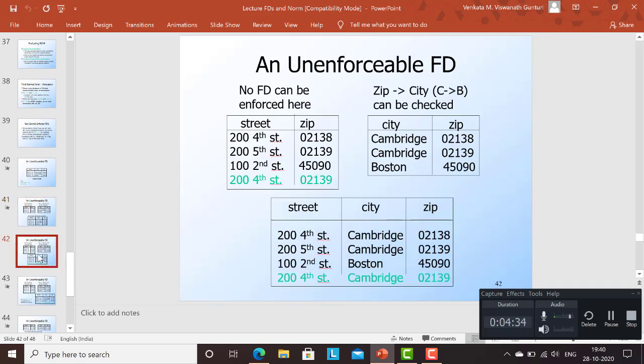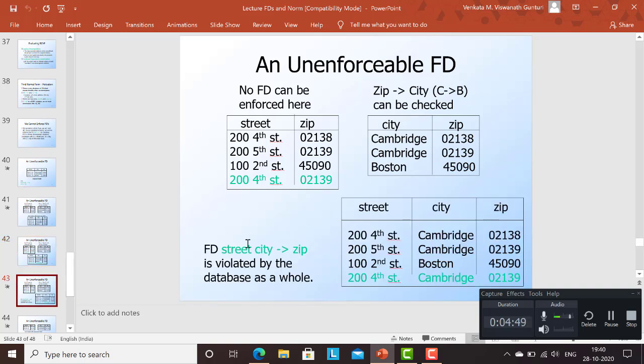In these decomposed tables, we are not able to enforce all our FDs, and as a result, at the full database level, one FD is now missing: street and city implies zip code. This FD gets violated when you look at the whole data stored at the decomposed level. That is the problem. Your textbook also gives another example, but essentially it's the same style of functional dependencies.